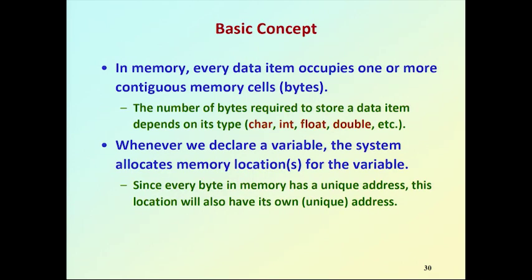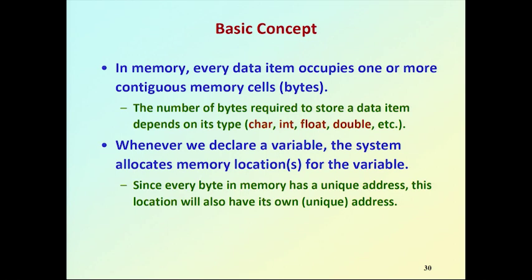So the basic concept is that in memory, every data item occupies some contiguous memory cells or bytes. This is a byte oriented memory, so bytes. The number of bytes required to store a data item depends on its type, because if it is integer, 4 bytes, character 1 byte, float 4 bytes, double 8 bytes, like that.